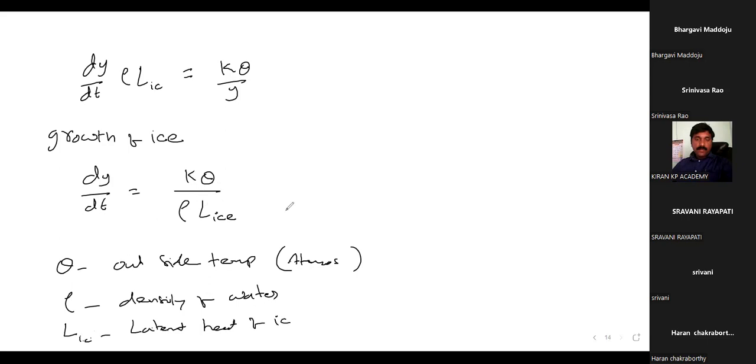K is the thermal conductivity of the ice. The thermal conductivity is one of the important parts.